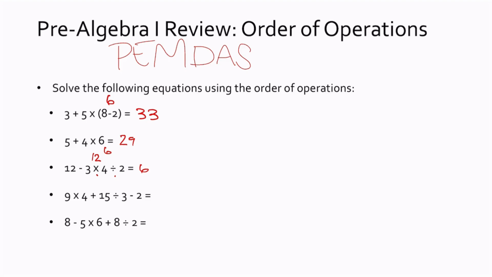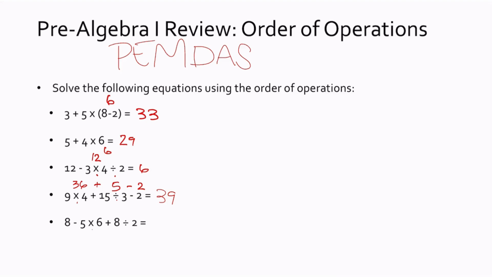Here, again, we have multiplication and division, and then we have addition and subtraction. So I'm going to do my multiplication. 9 times 4 is 36, and 15 divided by 3 is 5. So I have 36 plus 5 minus 2, which is going to give me 39.